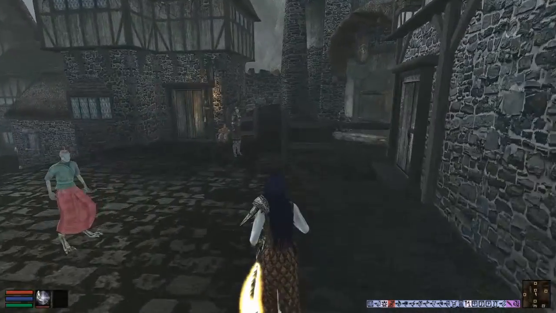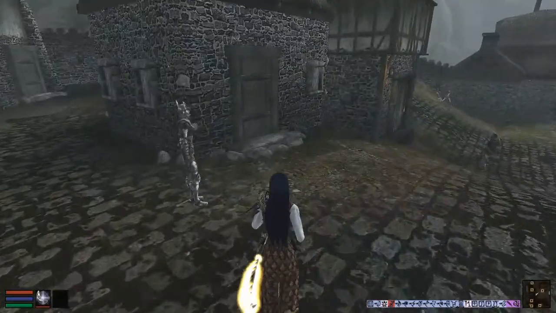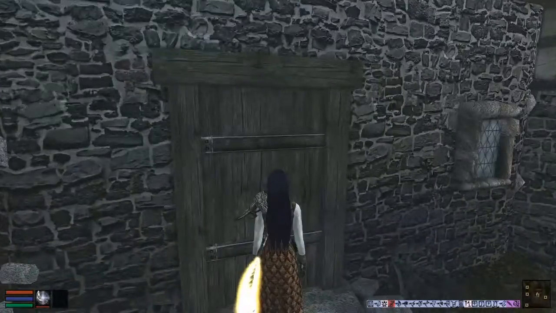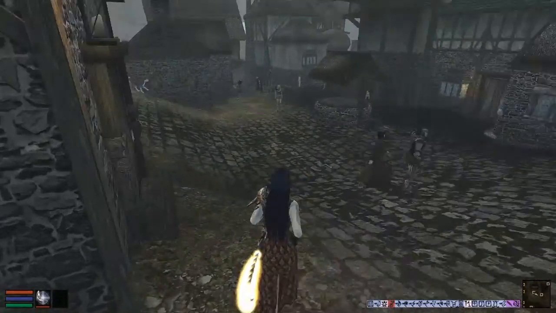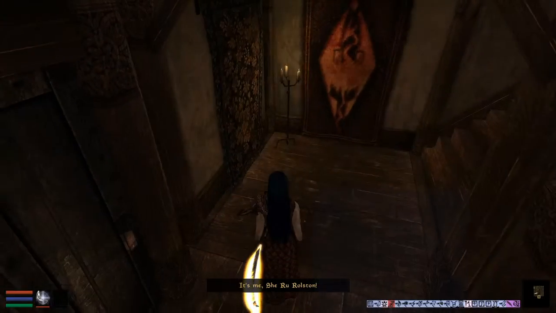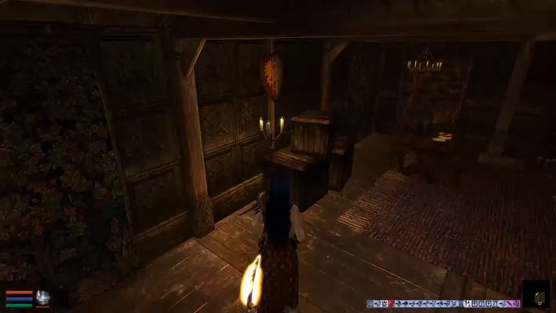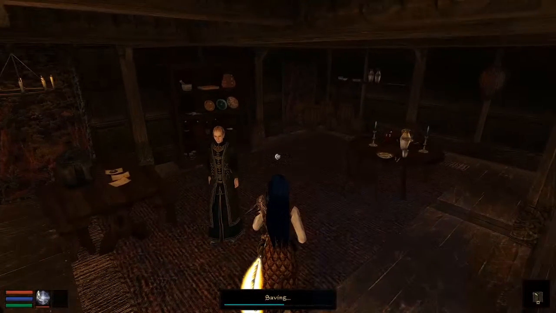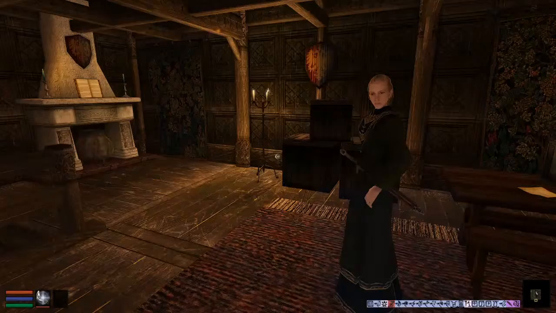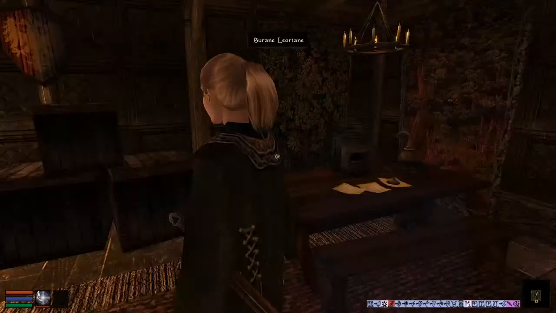Closed. Oh, we can enter here because this is the house of a member of the Blades, if I recall correctly.